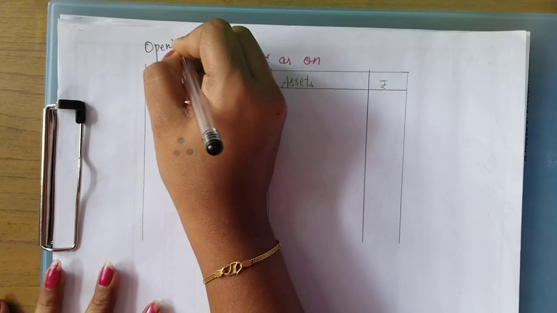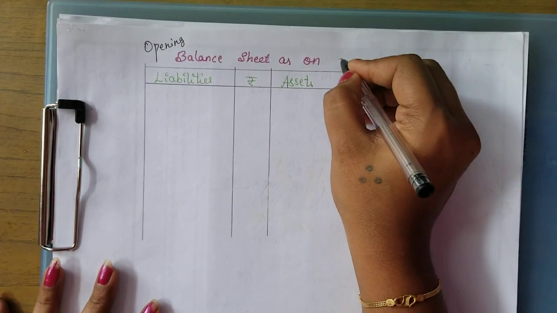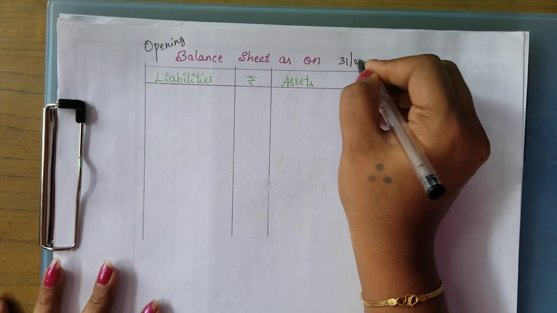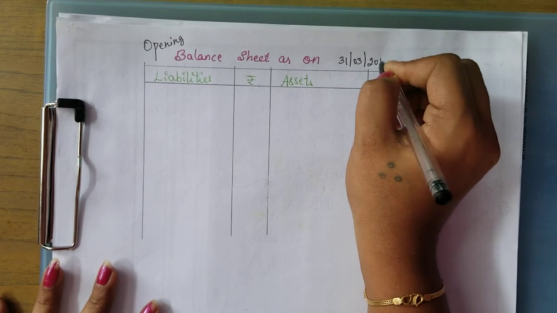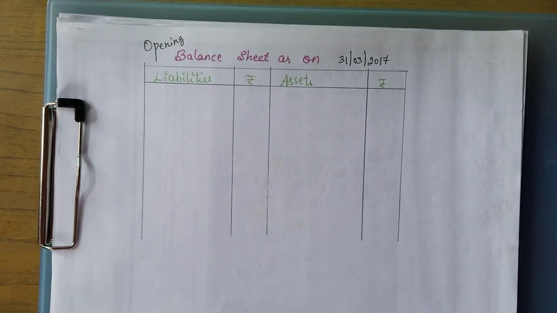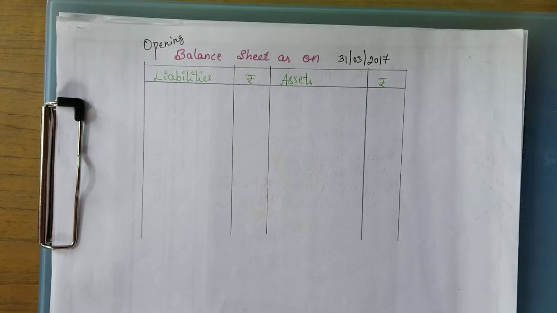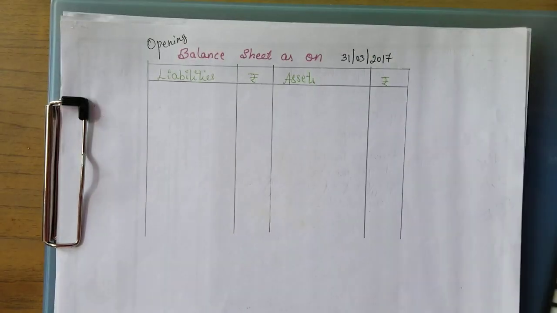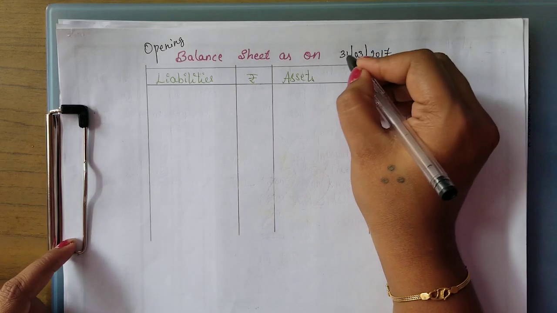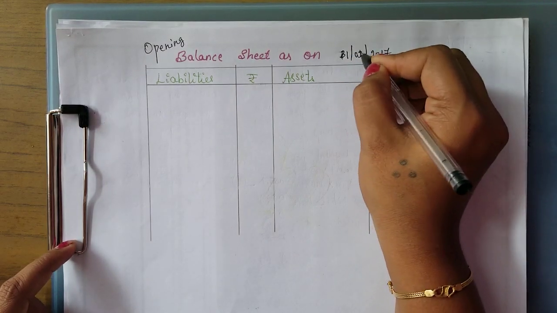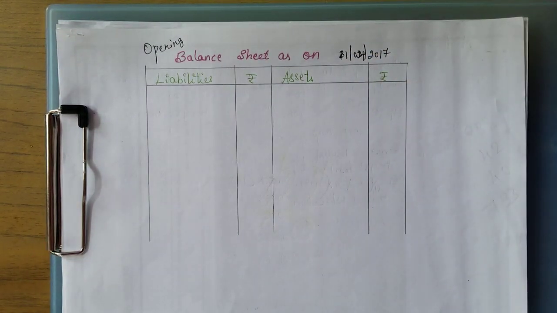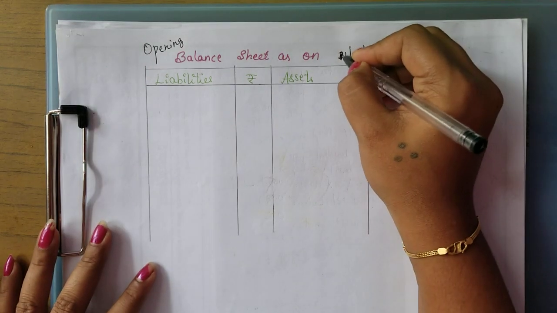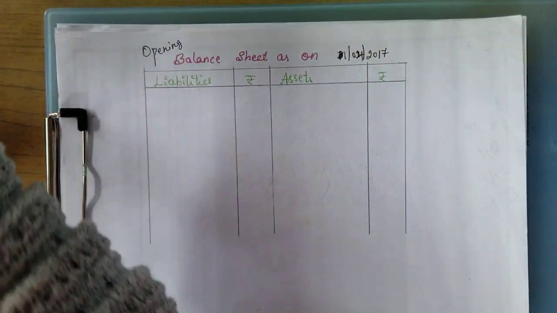This is the opening balance sheet as on 31st March 2017. We are going to prepare for the year 2017. Okay. Sorry, not 31st March, it will be April. Opening balance sheet April 1st 2017.